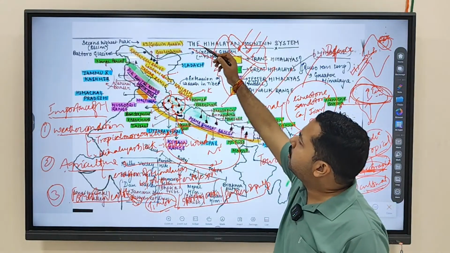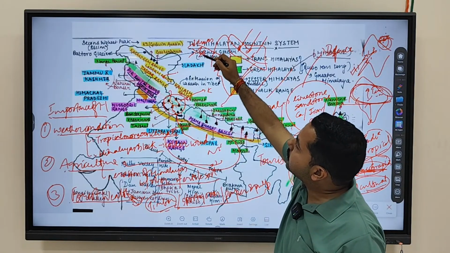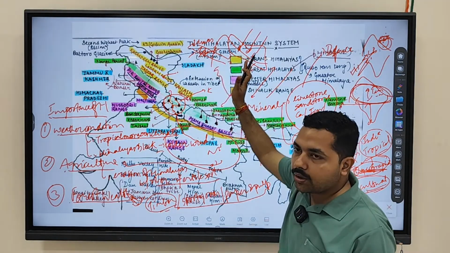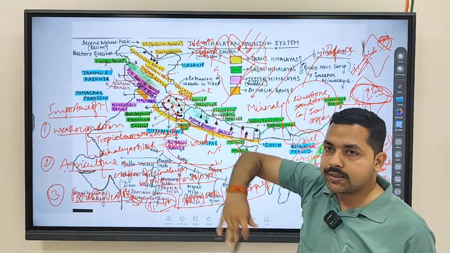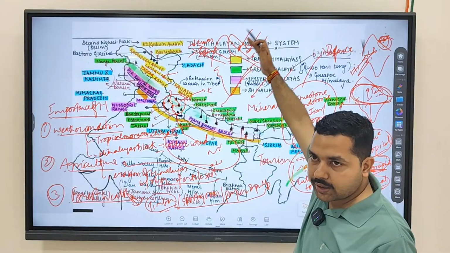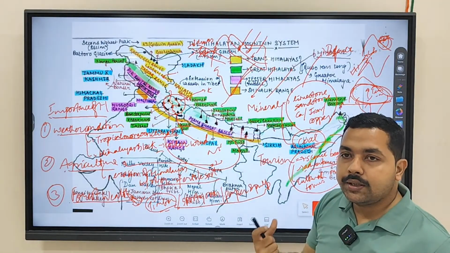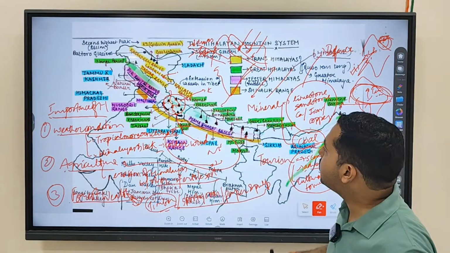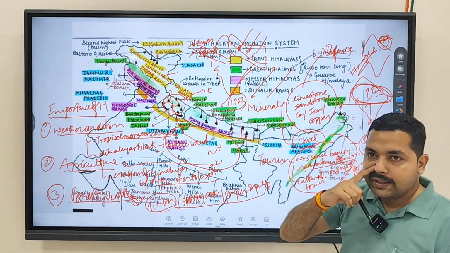Hunas came, or Islamic rulers came, all from this side, because the high mountains are acting as a barrier, not allowing much attack from this particular side. So Himalayas play a very important role in defense also. Clear?